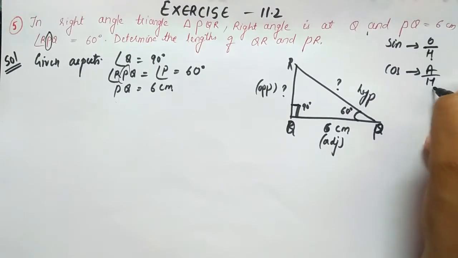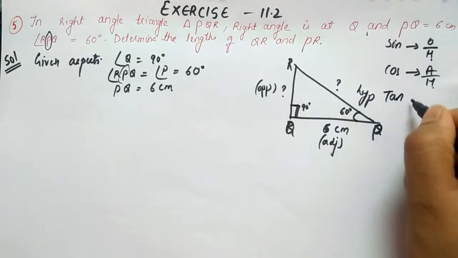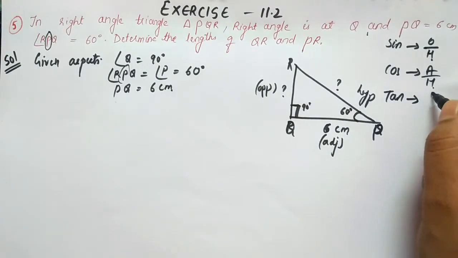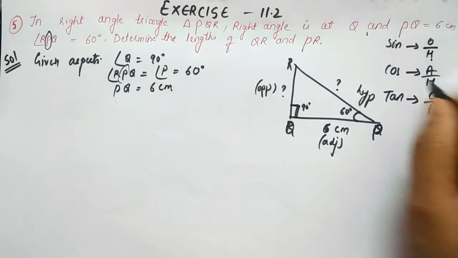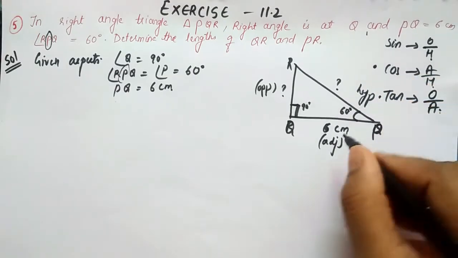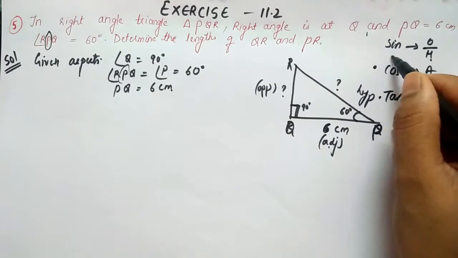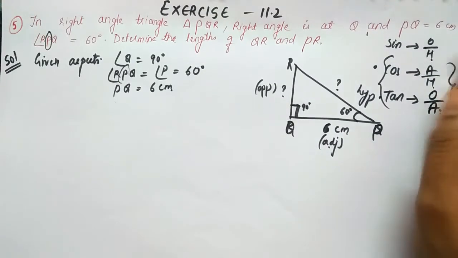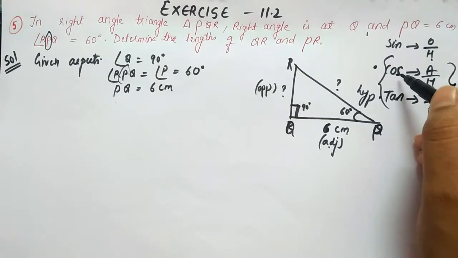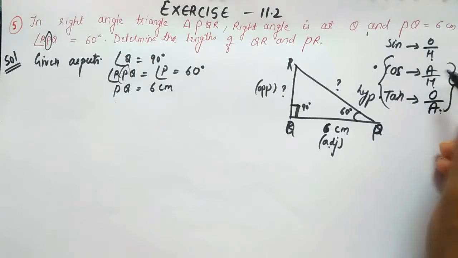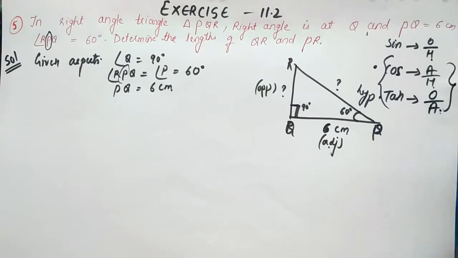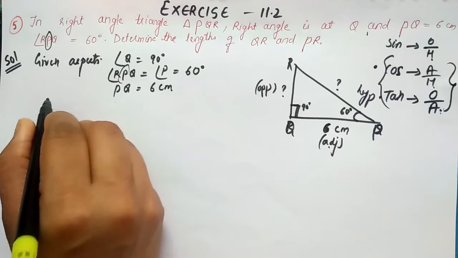Yes, adjacent by hypotenuse. And tan? Yes, opposite by adjacent. Since the adjacent value is already given as 6 centimeters, we can take either cos or tan. It is one and the same, but for our ease, we will take tan.